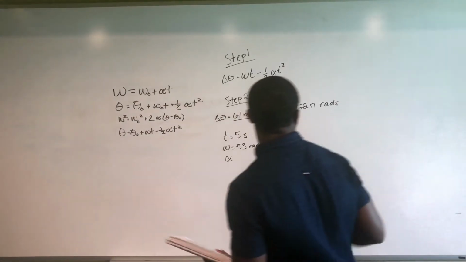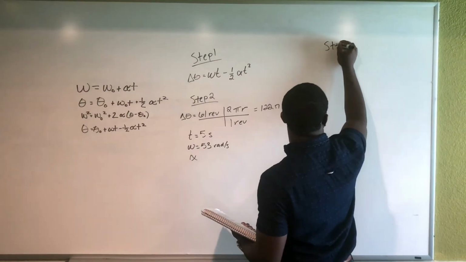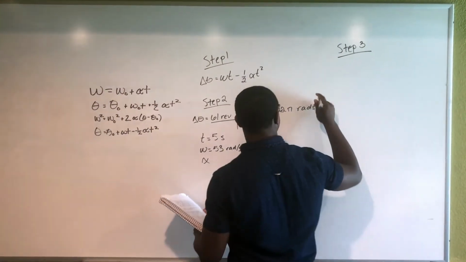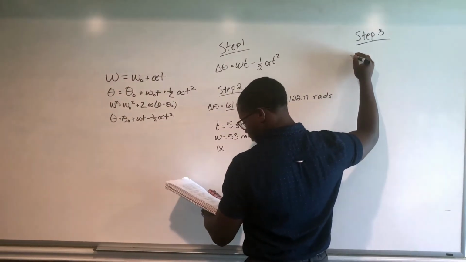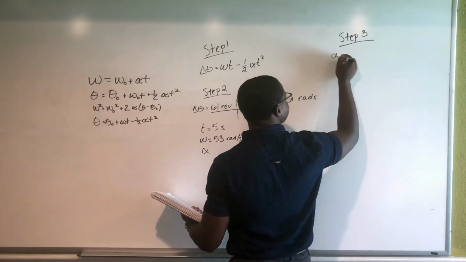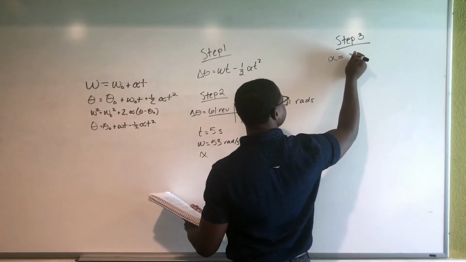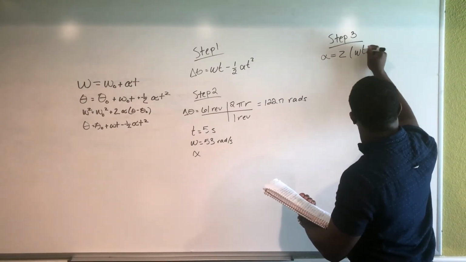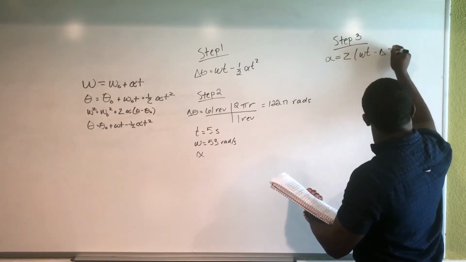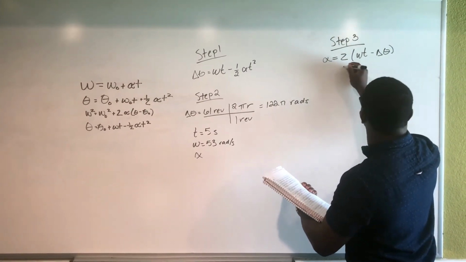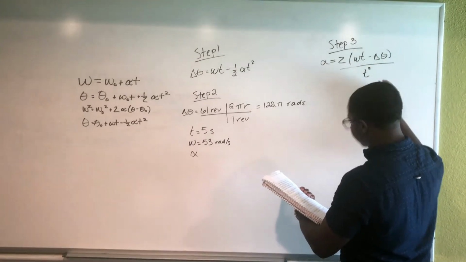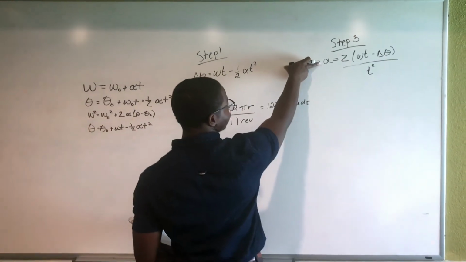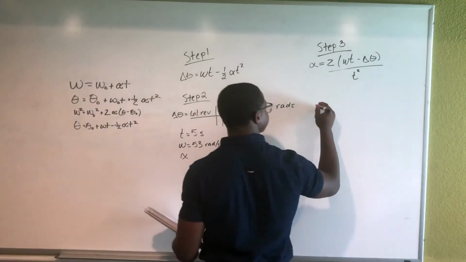So that goes to step 3. We now have to manipulate the equation. The angular acceleration equals something over time squared. So now we have this equation to find the angular acceleration. Now we're just going to plug in all the variables.